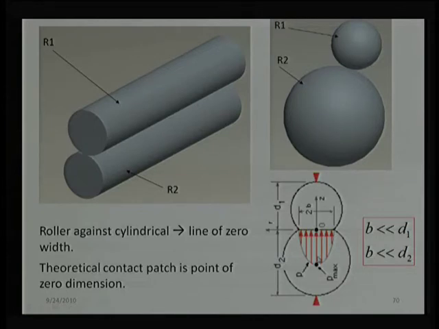This is the sphere on a sphere, and when it is subjected to the load there is elastic deformation. This is again not to scale; we are showing this deformation to demonstrate what the pressure variation will be. Otherwise, this deformation is very small. That is what we say, that this B, the deformed zone which has dimension 2B, in real practice is much smaller than the dimension of a sphere.